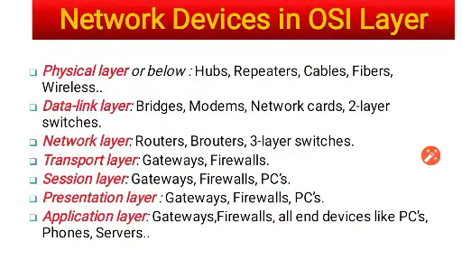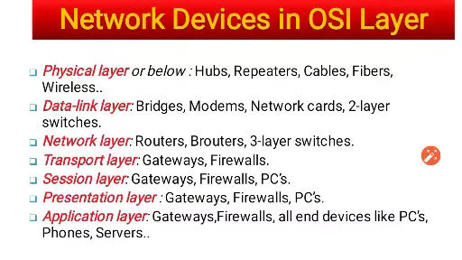In the physical layer, we can have hubs, repeaters, cables, fiber optic cables or any wireless medium that can be used in the physical layer. In the data link layer, we will be using bridges, modems, network cards, two-layer switches. In the network layer, we can use routers and three-layer switches.